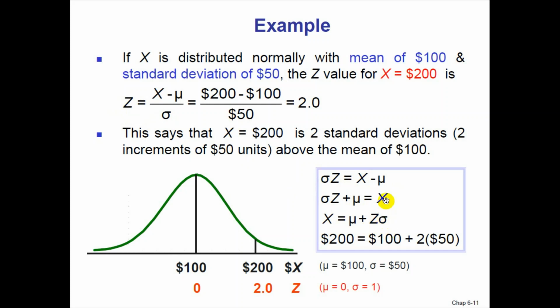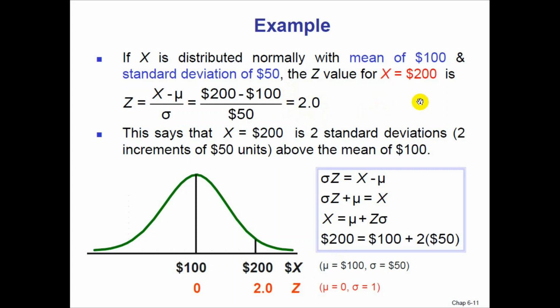The second and third equations are the same, I just changed their positions. We know x is 200, mu is 100, sigma is 50, and z is the value you just calculated, which is 2. If you put in these values and the right side equals the value given on the left side, then your z value is correct.